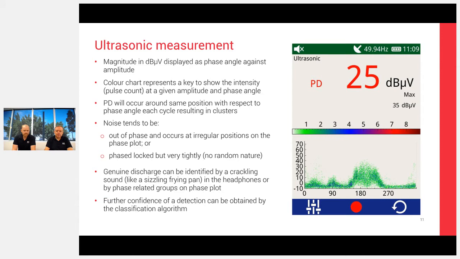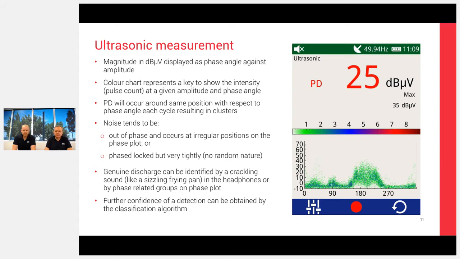The additional thing that you have to help you here is a classification algorithm where it says partial discharge or noise. This is where the instrument will make an assessment of what you're listening to. So it helps the less experienced users to make a judgment call of whether we're detecting noise or PD.